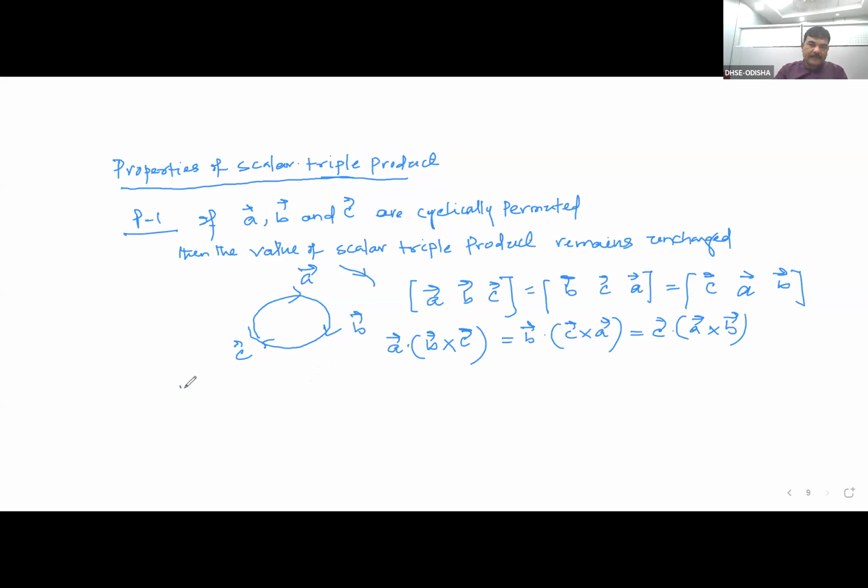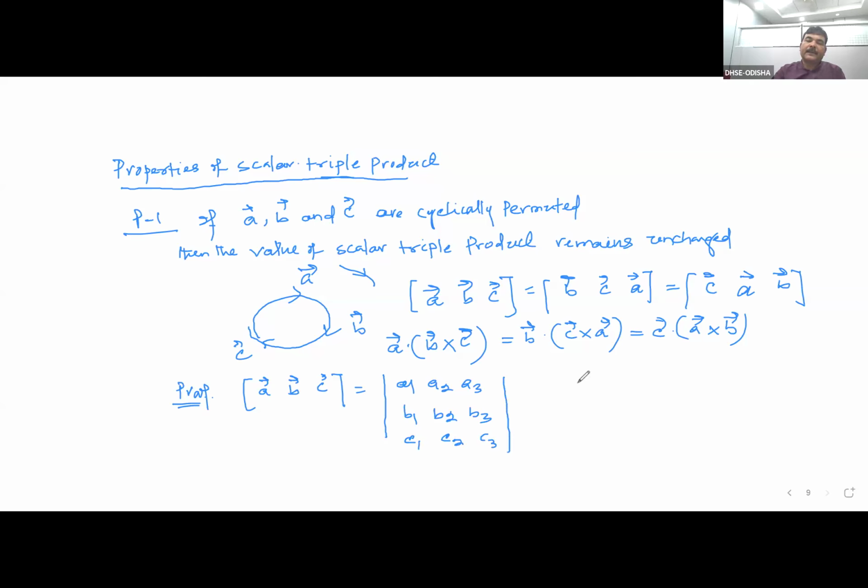For the sake of completion, let us come to the proof. Suppose three vectors A bar, B bar, and C bar are given in component form. So box product ABC will be the determinant with rows A1, A2, A3; B1, B2, B3; C1, C2, C3.